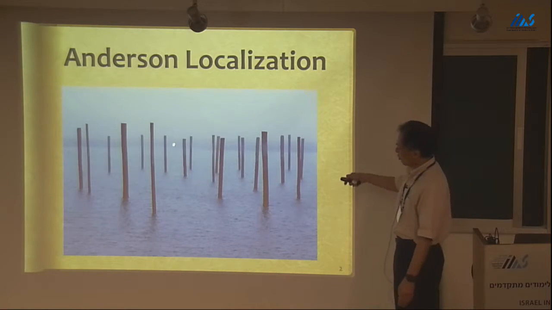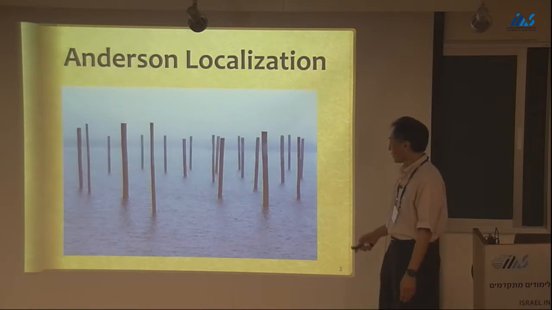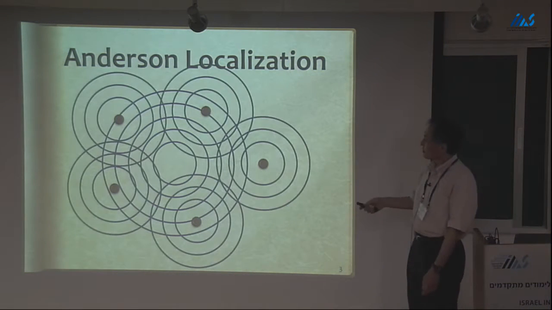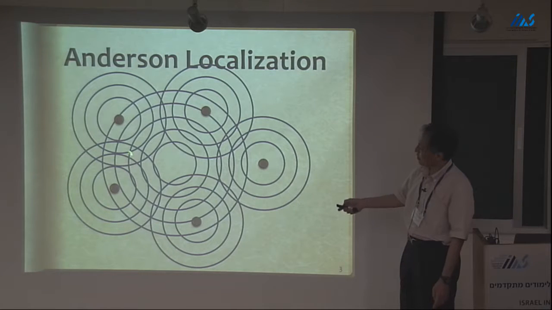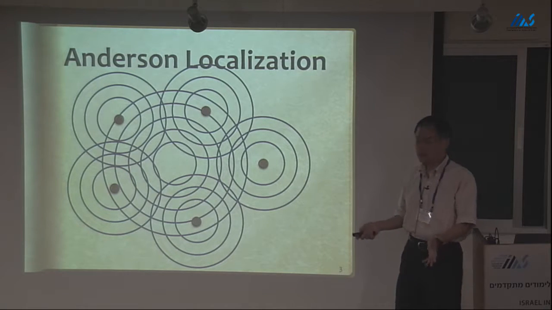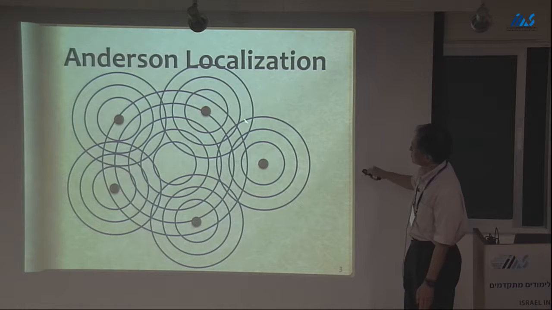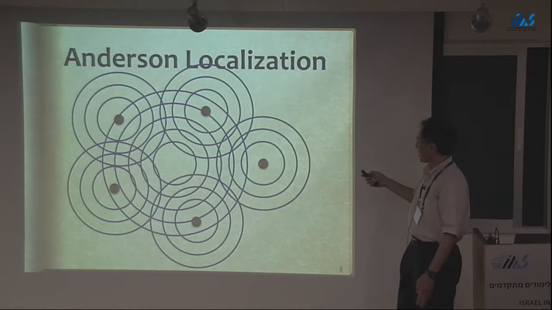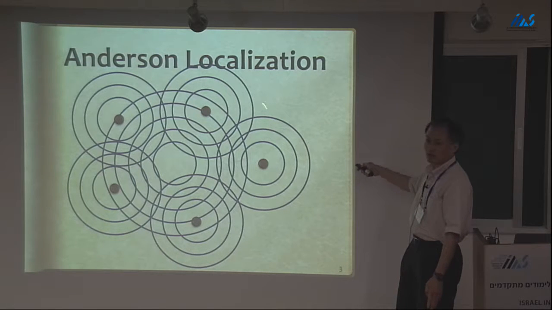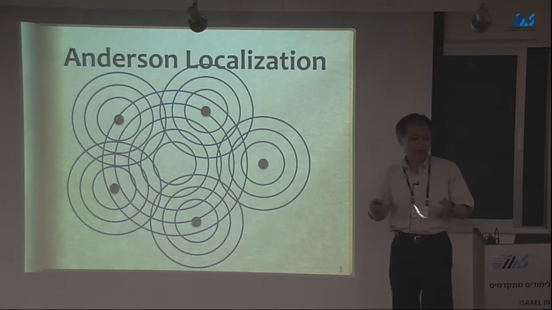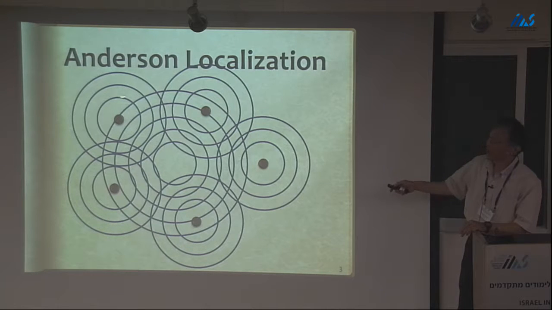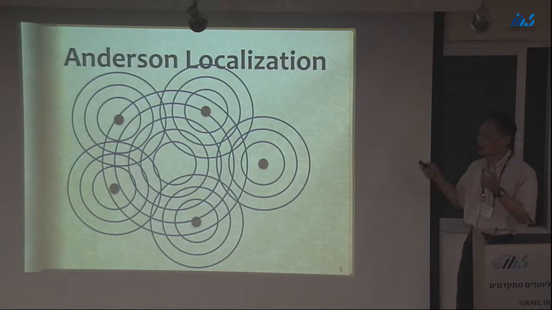And suppose you throw a stone on here, and then you have a wave expanding, but then because of these impurities, you have many other waves, and under some condition, because they are randomly overlapped, they work destructively on each other, and because of that, this wave cannot propagate far away. So that's called Anderson localization.